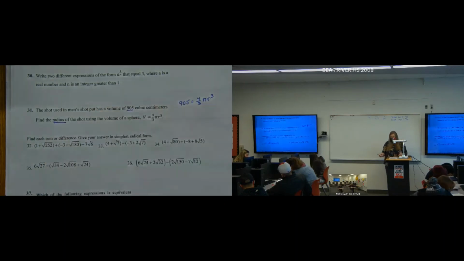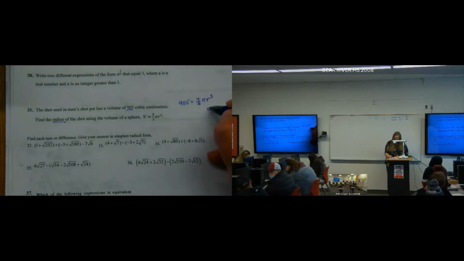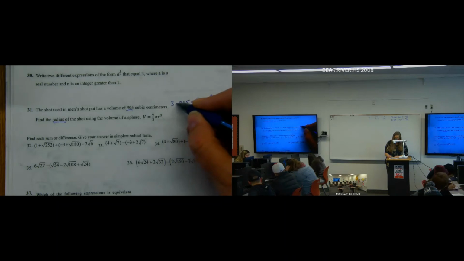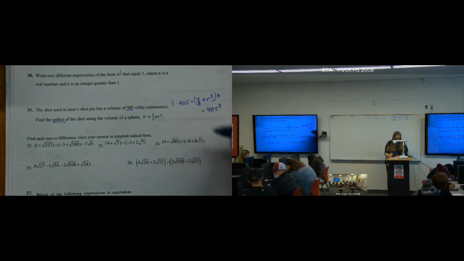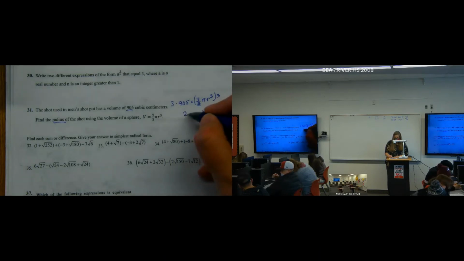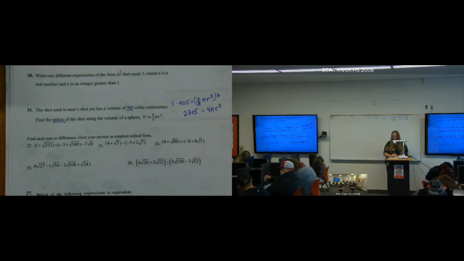That means get R by itself. Go. Do we like fractions? How do I get rid of them? Okay, so I times this whole side by 3 and I get 4 pi r cubed. When I times this side by 3, what do I get? 2715, according to my calculator.